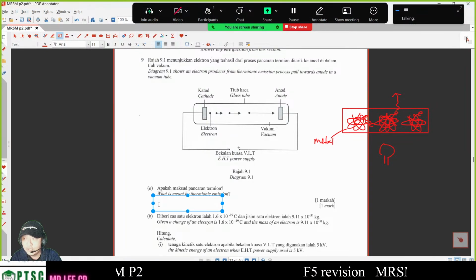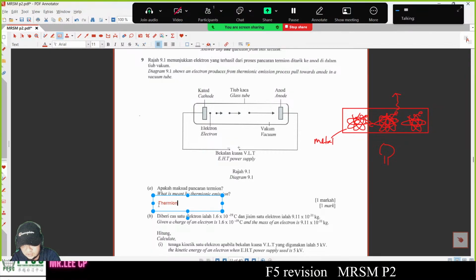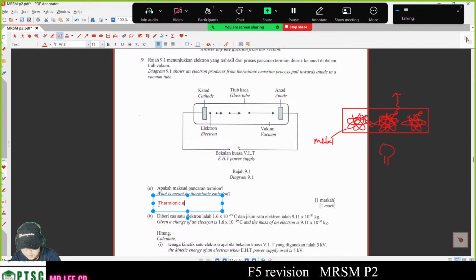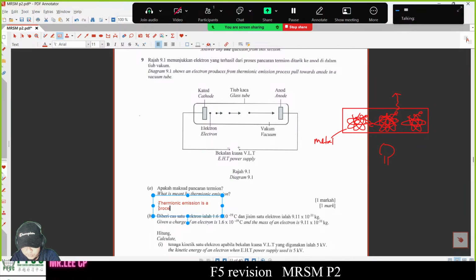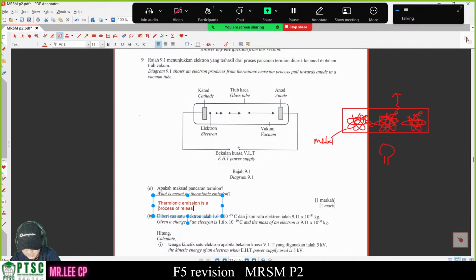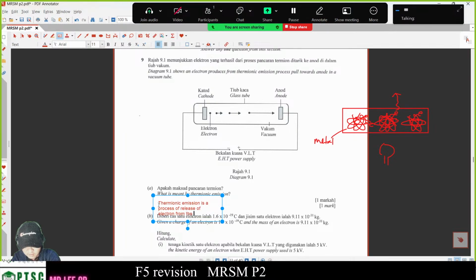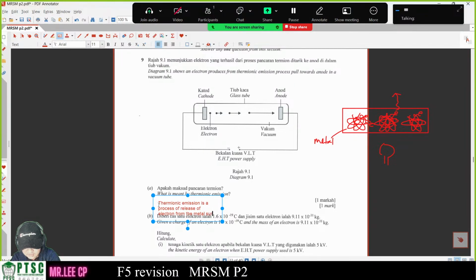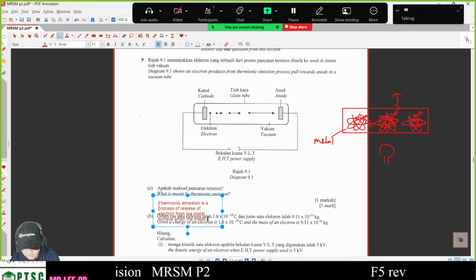Alright, so what is thermionic emission? Thermionic emission is a process of release of electrons from the metal surface when the metal is heated.